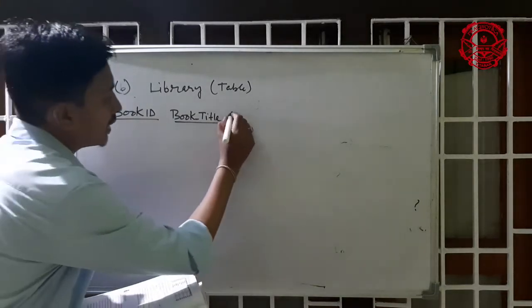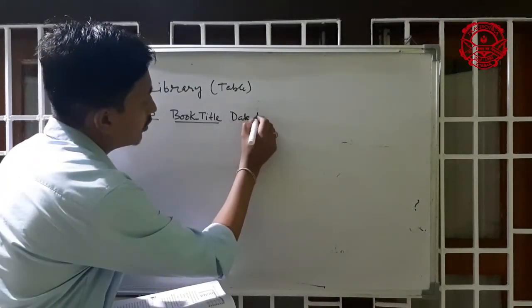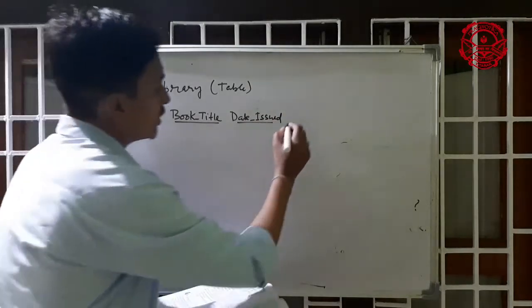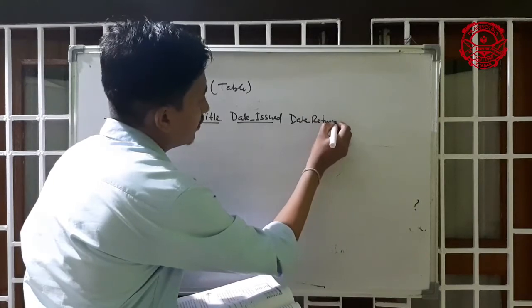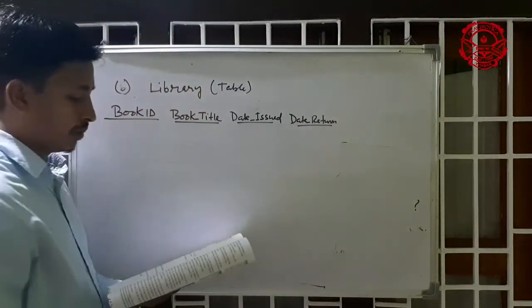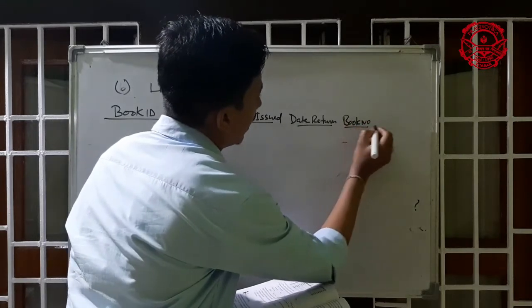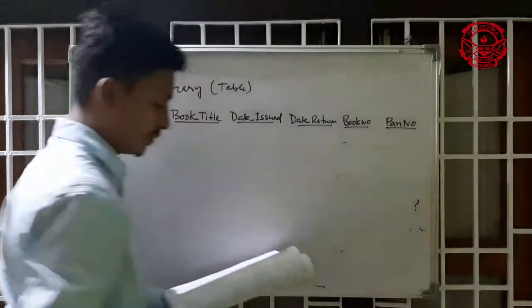Third is date issued. Next is date returned. Then book number. And the last one is pen number.